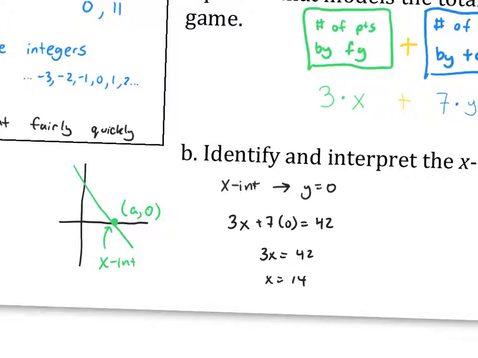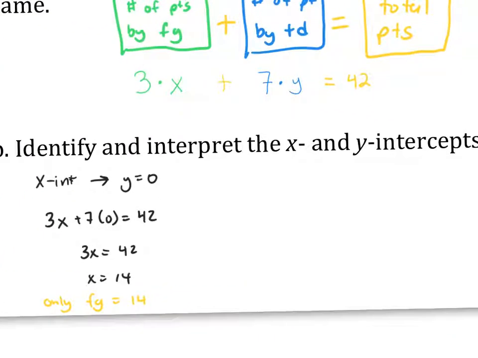What's that mean? Only field goals would be 14. If only field goals were scored, they did 14. Well, same thing over there. For the y-intercept, we need to plug in x equals 0. So 3 times 0 plus 7 times y is equal to 42.